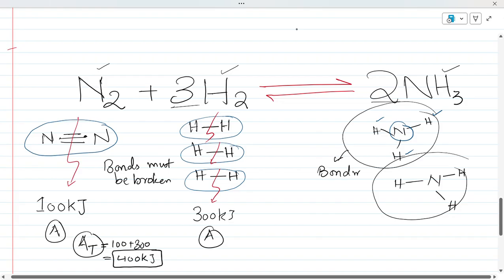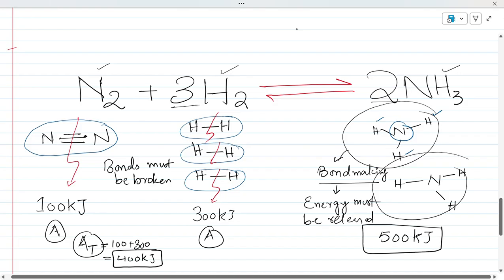When there is bond making, the energy must be released in order to make the compound more stable. So energy must be released in this process. For example, the energy released in this process is 500 kilojoules for this particular chemical reaction.